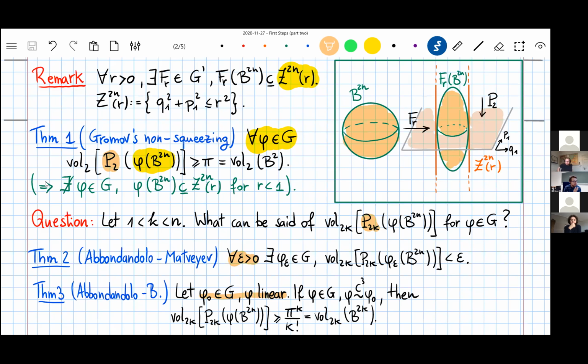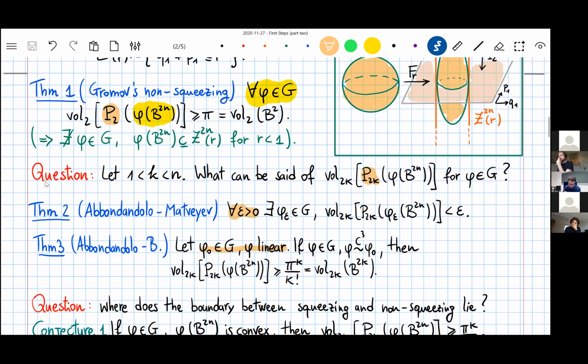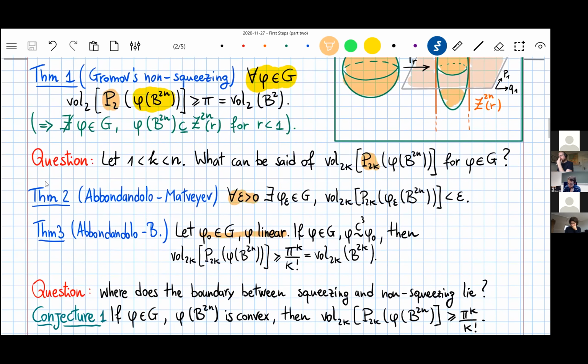As I was mentioning before, for the case of the systole on S^2, one wants to know what the middle ground is. Globally, something does not hold; locally, it does. Where is the middle ground? This is exactly what I wrote in this question. One conjecture is that a big set where non-squeezing holds in the intermediate dimension is where the image of this ball is convex.